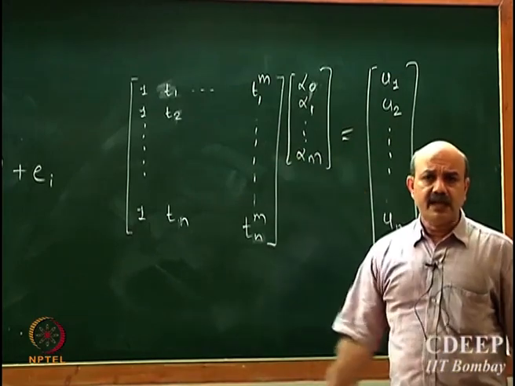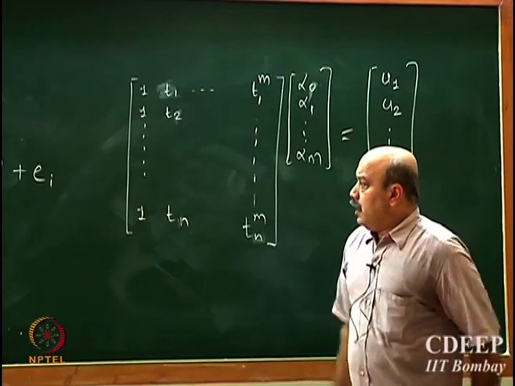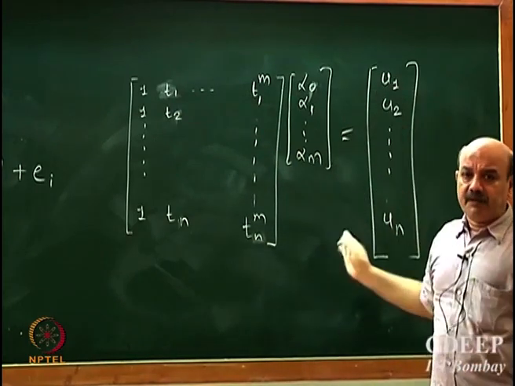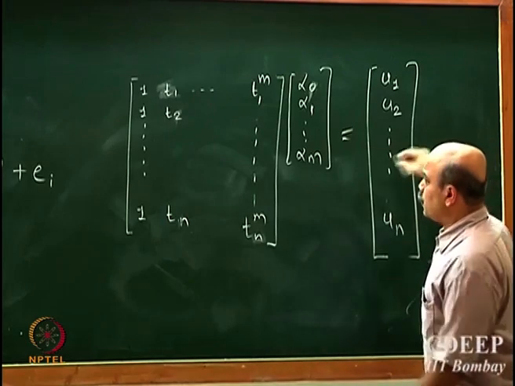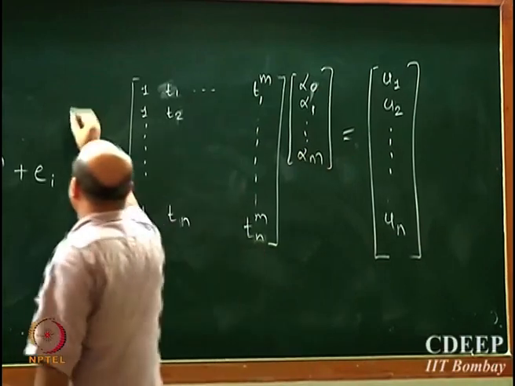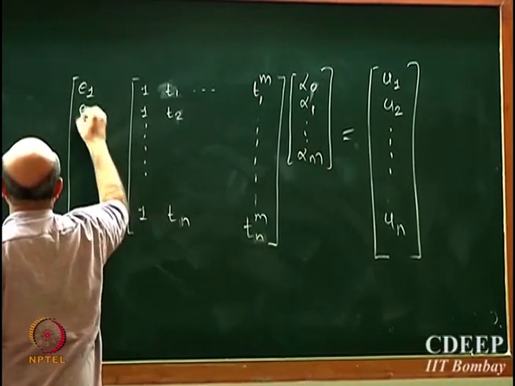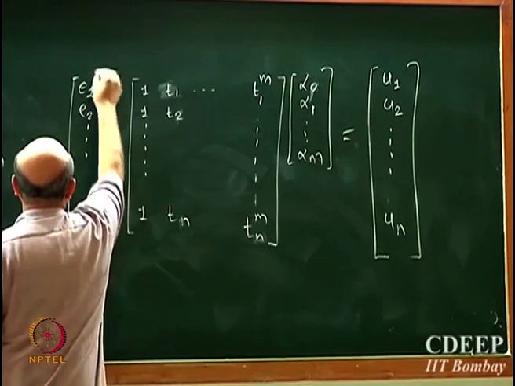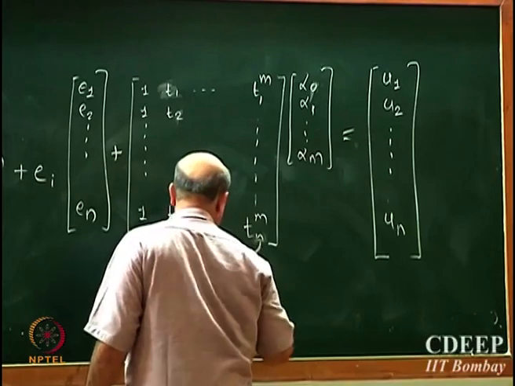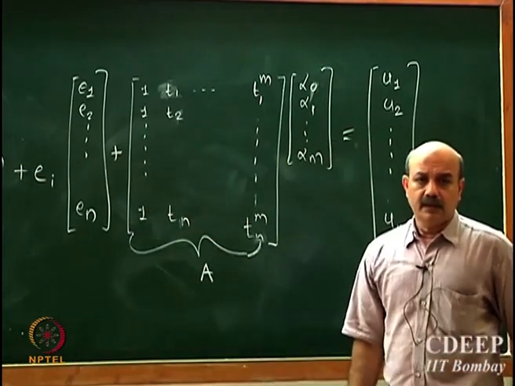There t will be temperature, and u1, u2 will be Cp values, and of course you have this error vector, error 1, error 2, error n, added here. So this is my A matrix.